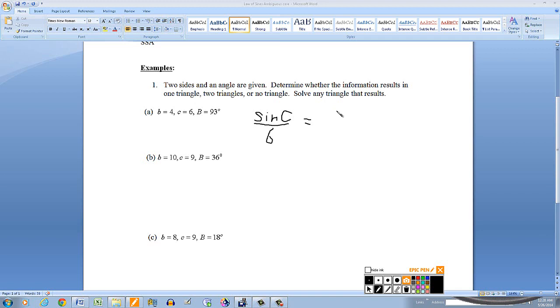So let's say the sine of 93 degrees divided by the side opposite that, which is given to be 4.